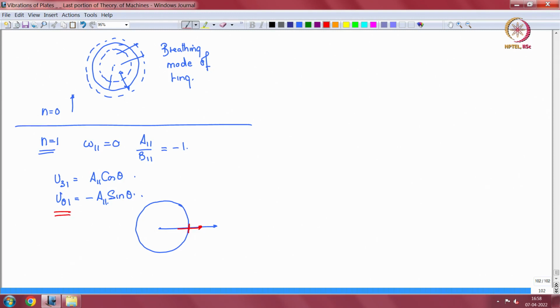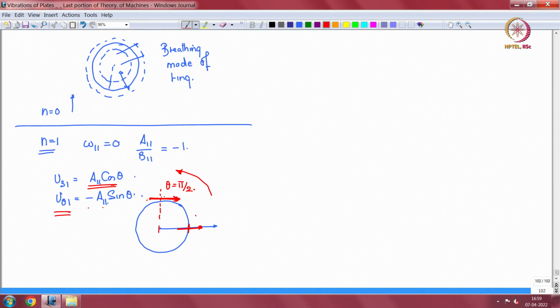There is no torsional movement, only radial movement. At theta equal to pi by 2, there is no radial movement, but if I consider this to be my positive torsion direction, I get minus a11. So positive would be this way, negative is this, so I get this movement of the ring.